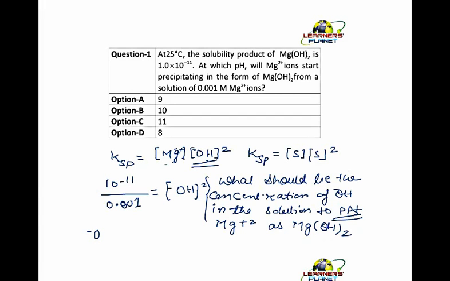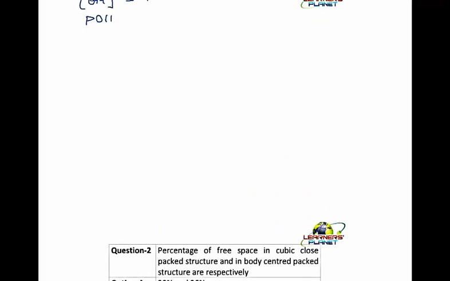Now what will be OH minus will be equal to square root of 10 to the power, how much it would be? By 8, right? Or OH ion concentration is equal to 10 to the power minus 4, right? Or your pOH will be equal to how much? 4.